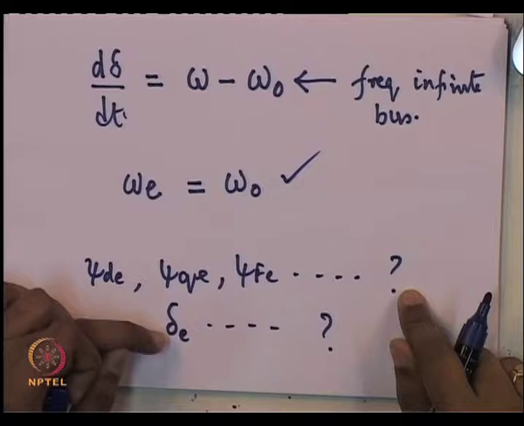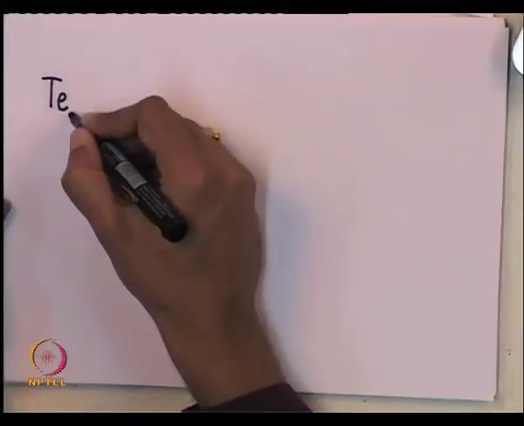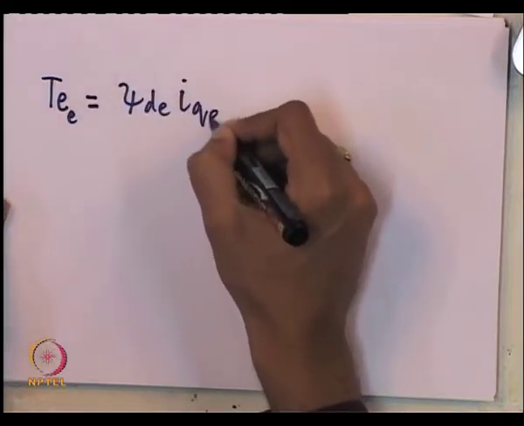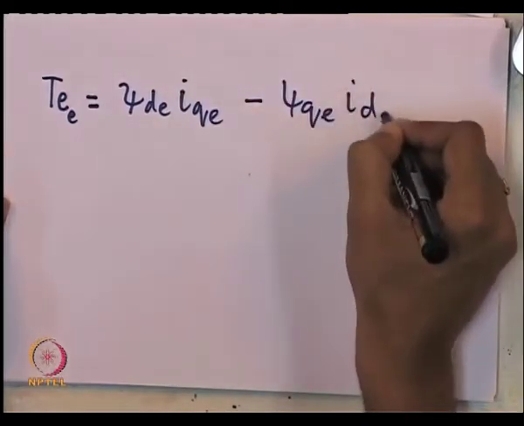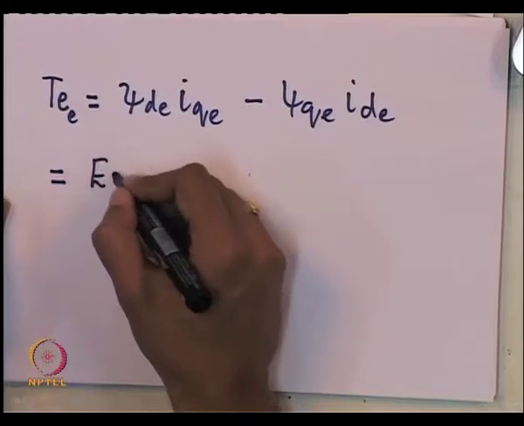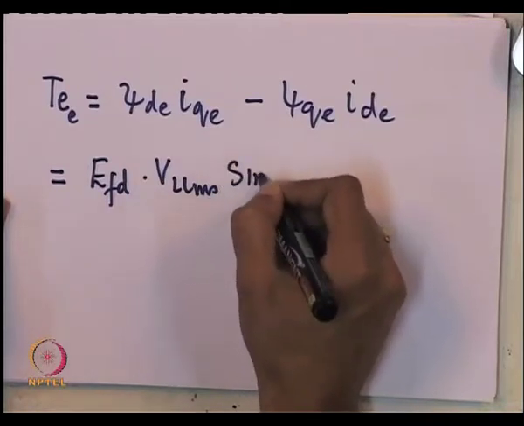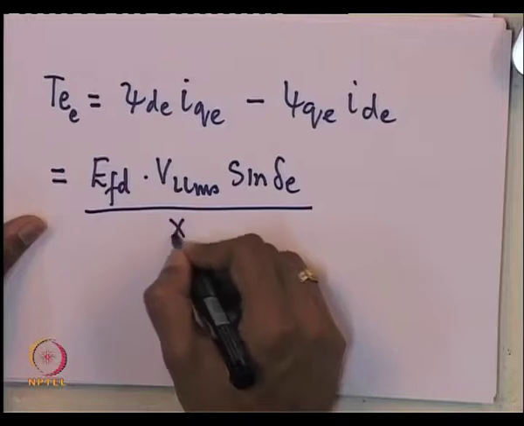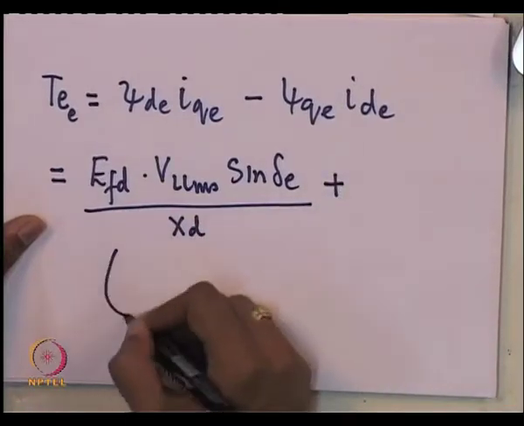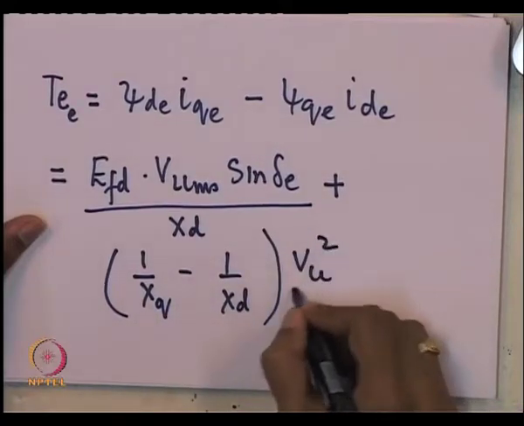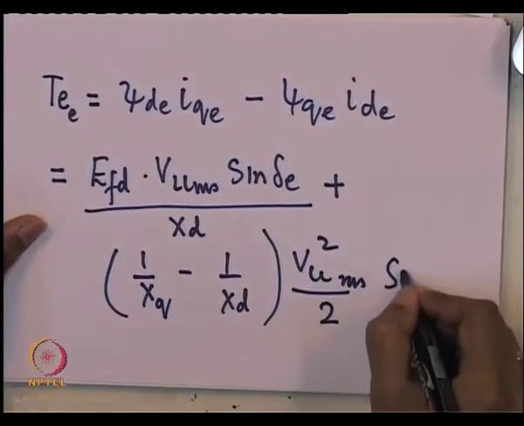If you recall, the electrical torque under equilibrium conditions, in steady state of a synchronous machine, is of course psi d e I q e minus psi q e I d e, but we can write it down as, we have derived this in some of our previous lectures, E FD sin delta e upon x d plus 1 upon x q minus 1 upon x d into V line to line RMS square by 2 sin 2 delta e.